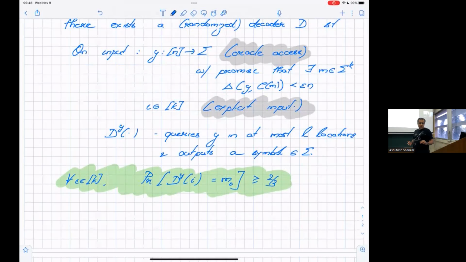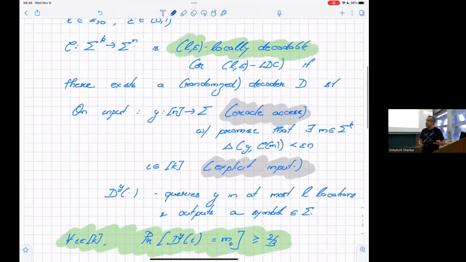So why do we require such locally decodable codes? Suppose you have a library and you want to encode a digital library, and you want to be able to withstand, say, errors like 1/10th corruption.